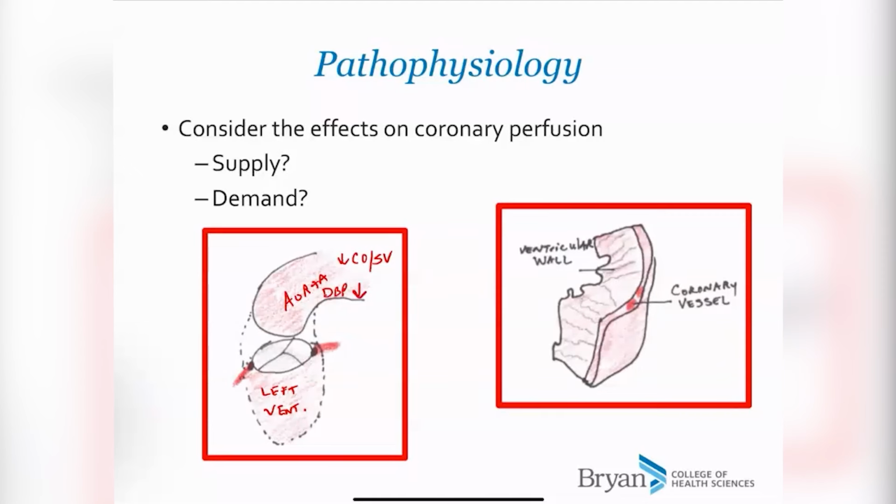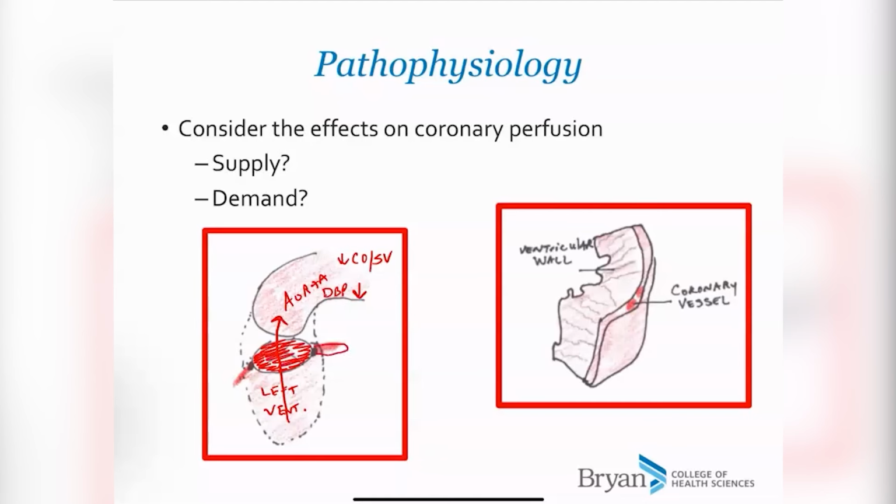When we look at flow that comes across the left ventricle, across the aortic valve and out the aorta, blood flow that's going to perfuse our coronaries is basically going to happen when this aortic valve slams shut.